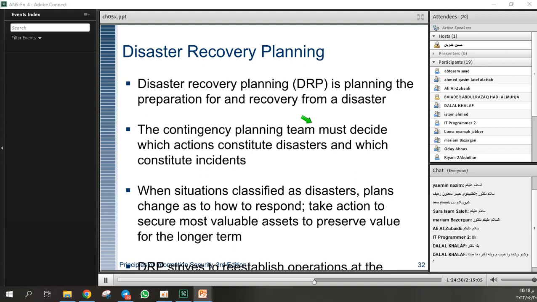It means that maybe a disaster happens and my company, my business, collapses completely. So the DRP is very important. A disaster happened. What should I do now? Because I should be clear about the continuity of my business. What should I do?